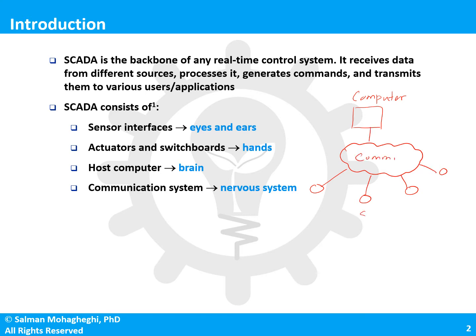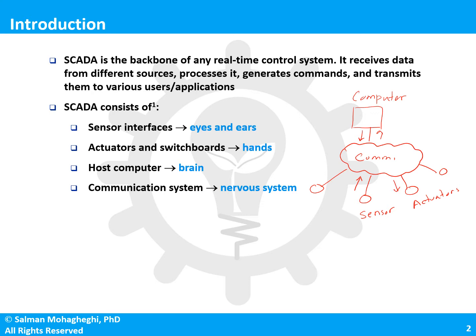So here you have sensors and you have actuators. These sensors would generate data, and the data through the communication network is sent to the host computer, which will then process that information, generates commands and set points, and then sends them to individual actuators through the communication network.